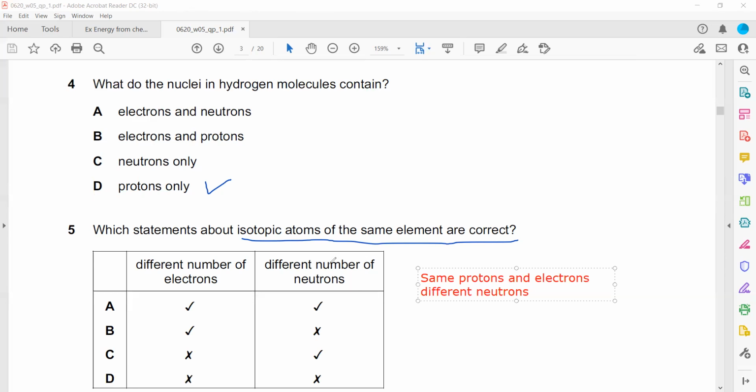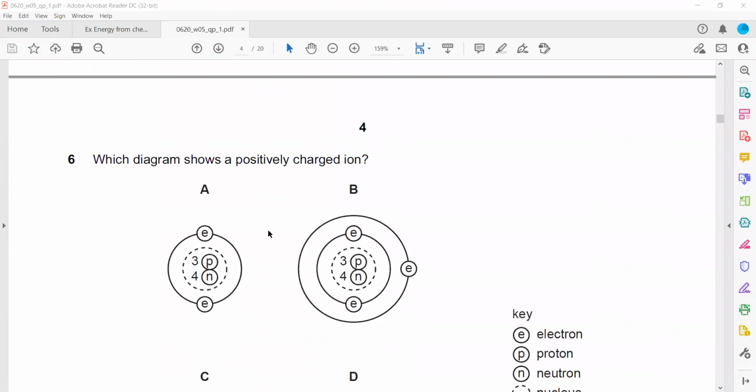So they have different numbers of neutrons, that's true. They have different numbers of electrons, that's wrong. That's why C is the right answer. Is it clear, this question? Is it clear, the concept of isotope? Because isotopes have the same protons and electrons and they have different neutrons.